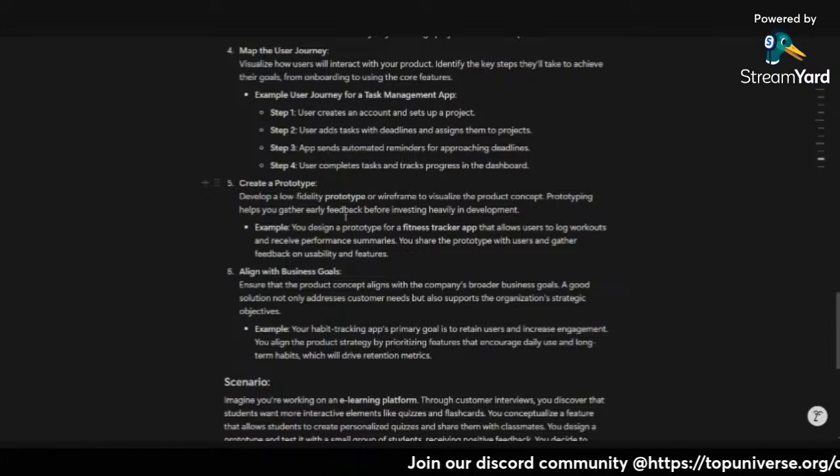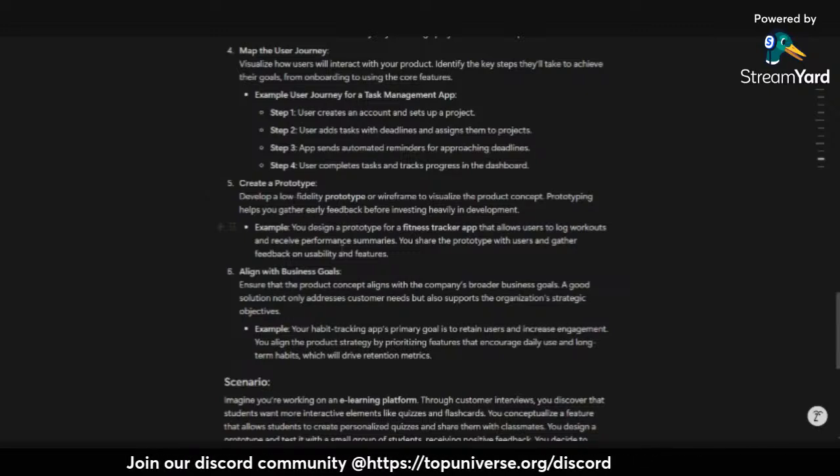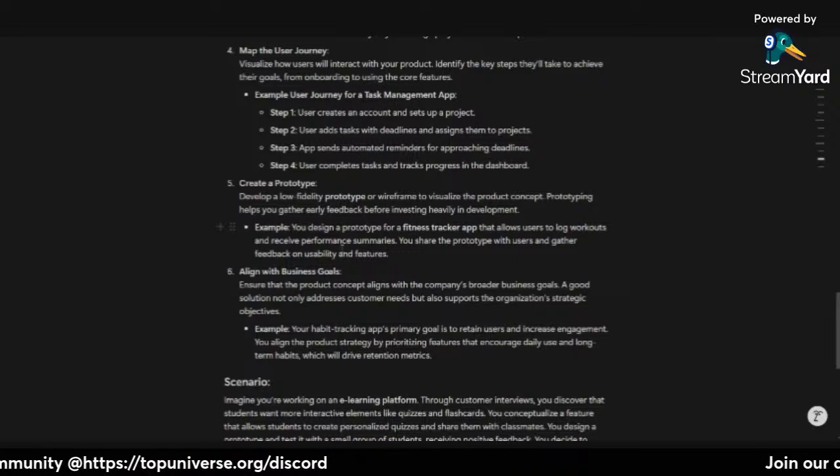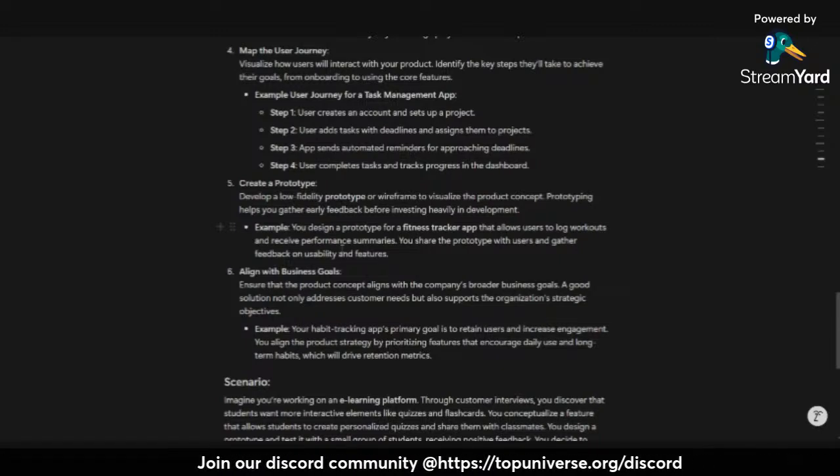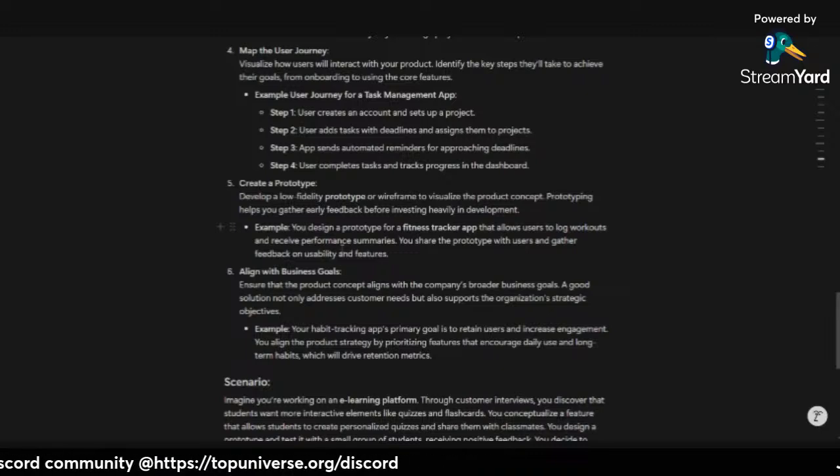Prototyping would help you create something very lightweight that the users can interact with. For example, you design a prototype for a fitness tracker application that allows users to log workouts and receive performance summaries. You can then share the prototype with potential users so you can gather feedback on usability and features, of course without investing heavily in building the real thing.